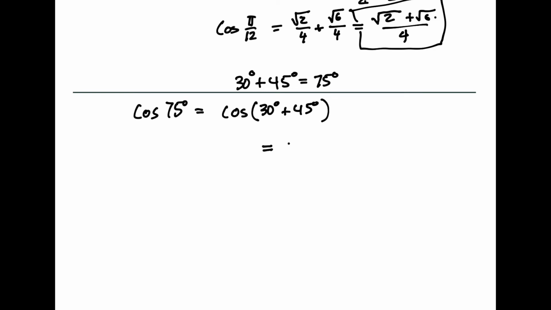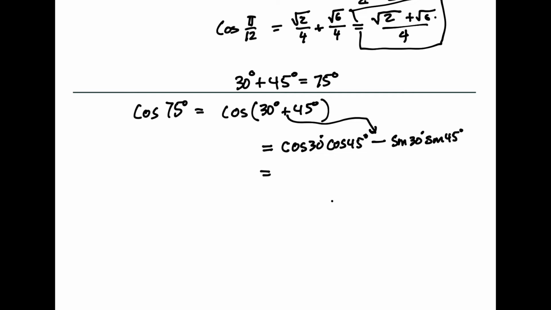So this is going to give me cosine 30, cosine 45. Opposite operation, it's plus here, so we're going to have minus there. And sine 30, sine 45.